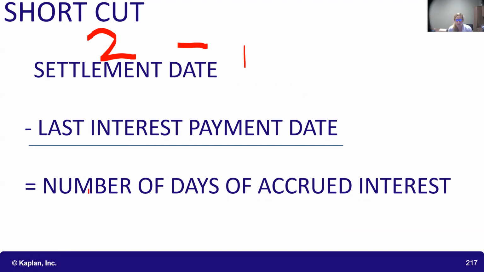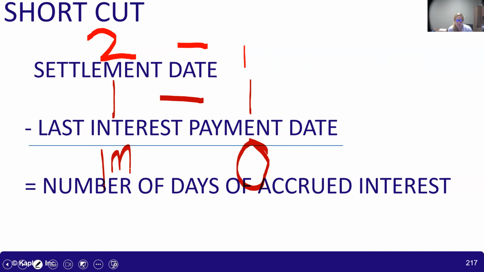Then you subtract from that the last time the bonds paid interest. It's just a trick, but it's a neat trick. We subtract January 1st. When we do that, 1 from 1 is 0, and 1 from 2 is 1 month. And you just have to remember that every month has 30 days. So I call that the shortcut.